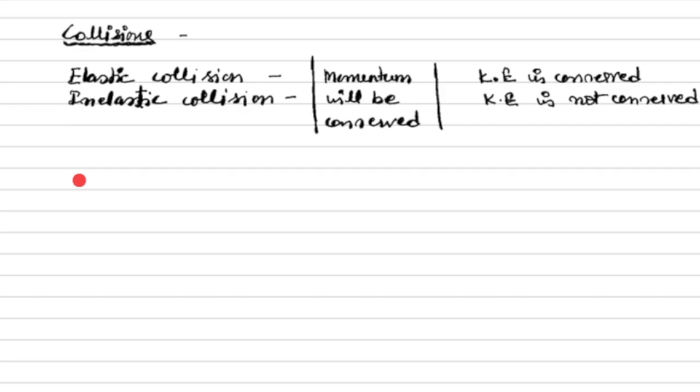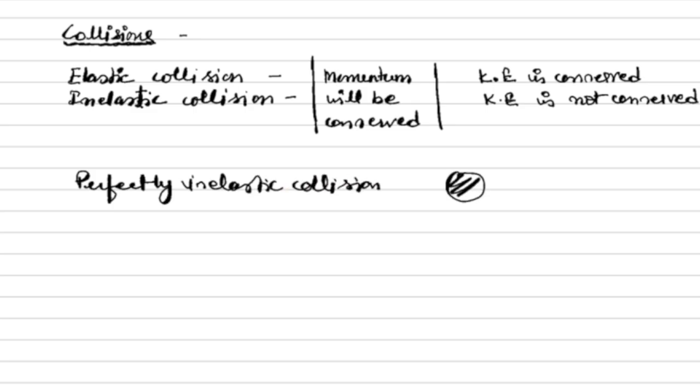Also, there is one term which comes up: perfectly inelastic collision. What does that mean? If two things are colliding, one going like that, the other coming like that, and they collide, afterwards they will move together. They will stick to each other and move as one object. So this is the condition for perfectly inelastic collision.